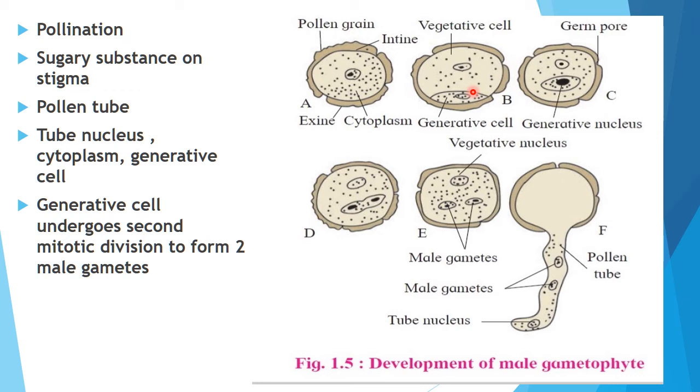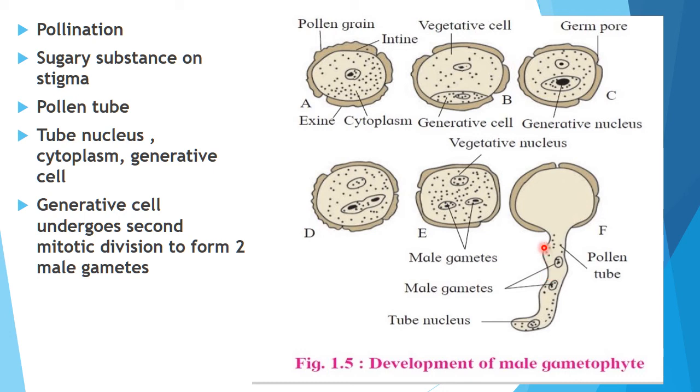The pollen grains absorb that sugary substance, and the cytoplasmic content increases. Then pressure is created inside the intine, and the intine grows out through the germ pore. The cytoplasm, the generative nucleus and the tube nucleus all come out through the germ pore in the form of a tube. This tube is known as the pollen tube.